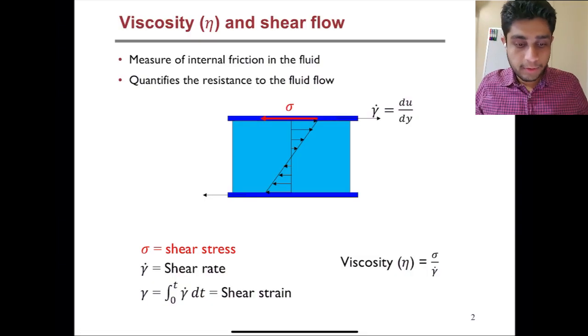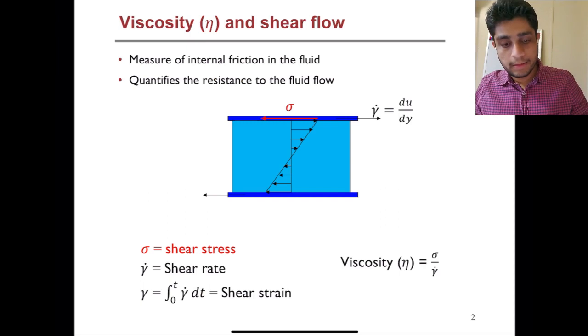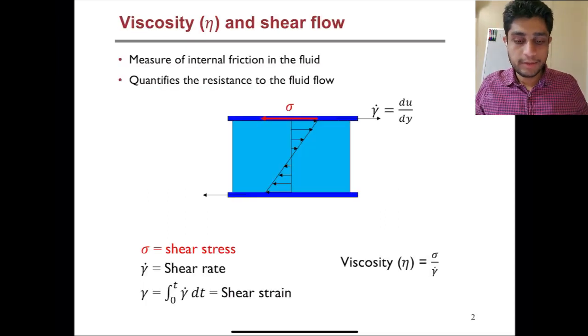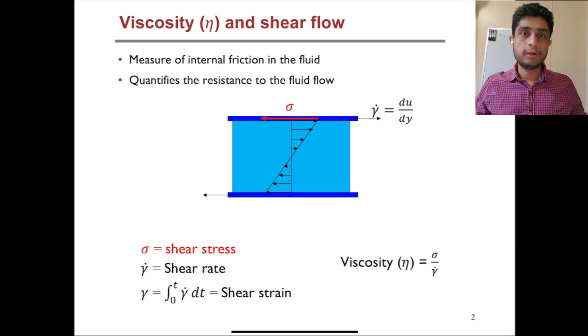So on your screen you can see a definition of viscosity and shear flow. Viscosity, as you might know from your lecture on shear stresses, is the internal friction in the fluid, and it is a measure of resistance of the fluid to its flow.